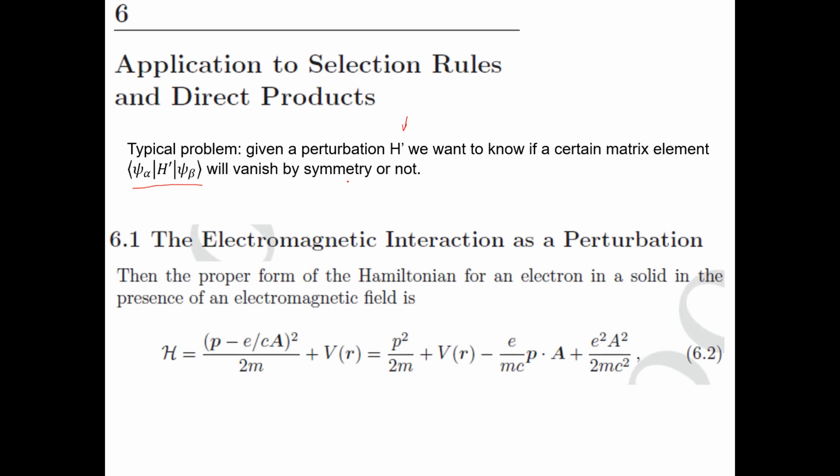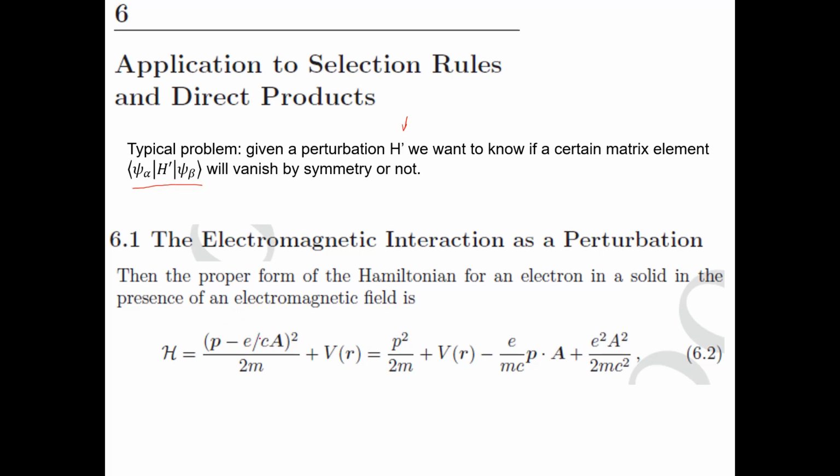This is perhaps the most important example of selection rules, but we are going to see other types of selection rules in this course. The electromagnetic interaction as a perturbation is one of the most important. You have probably seen that in quantum mechanics or electromagnetism courses.